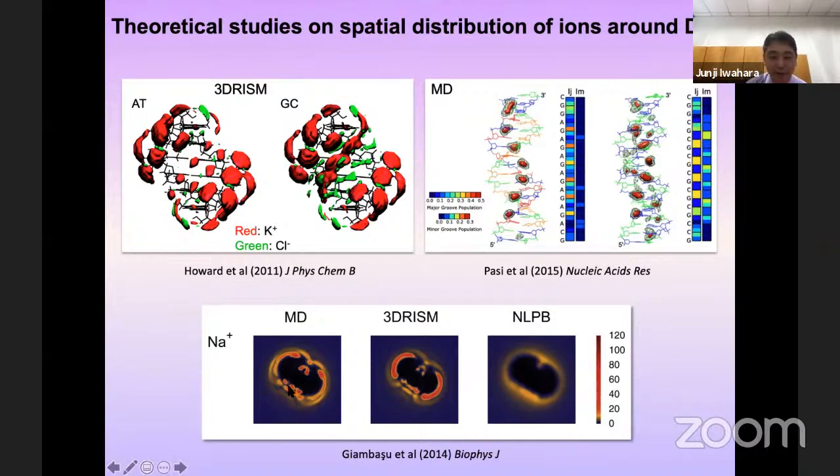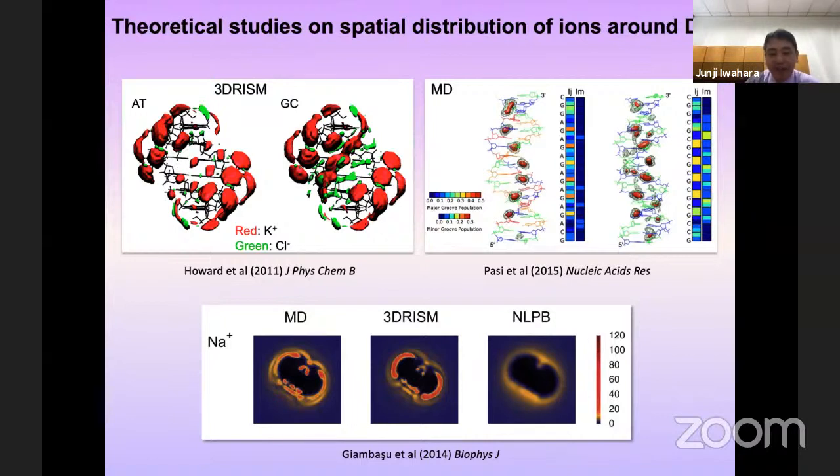So what you are seeing in shadow here is actually Watson-Crick base pair. And here, this is ion distribution from MD, and this is from 3D-RISM, and this is from non-linear Poisson-Boltzmann equations. And as you can see, the ion distributions are quite different for these results.